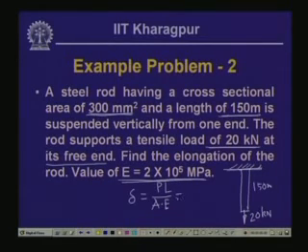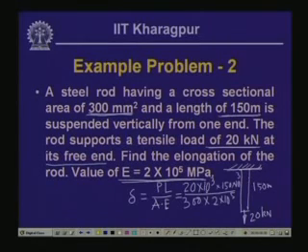So, this is equal to P, which is given as 20 kilonewton, so 20 times 10 to the power 3 Newton. L is 150 meter, so 150 into 10 to the power 3 millimeter, divided by cross-sectional area A, which is 300 millimeter square, multiplied by E, which is 2 into 10 to the power 5 Newton per millimeter square, megapascal.